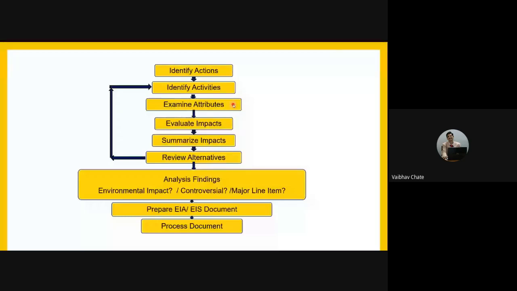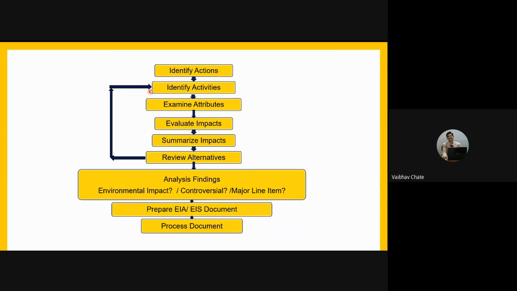It might be in terms of bituminous construction or concrete construction or masonry construction, or the building might be considered in terms of steel construction, or sometimes he might propose timber construction as well. It depends totally on that. And lastly, it will be the finishing related activities.